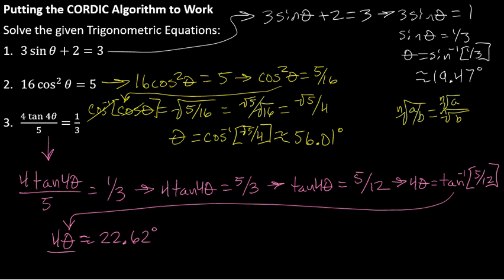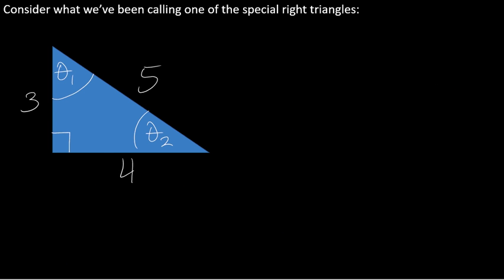And we're still not done yet. We still need to divide by 4 on both sides. And that's going to give me my missing angle is approximately, divide that by 4, 5.65 degrees. So it's a really skinny angle. Okay, so nothing really changes. All we're doing now is using the calculator.